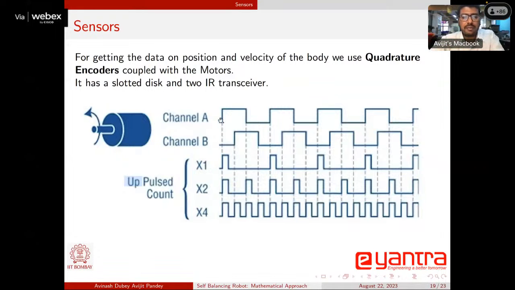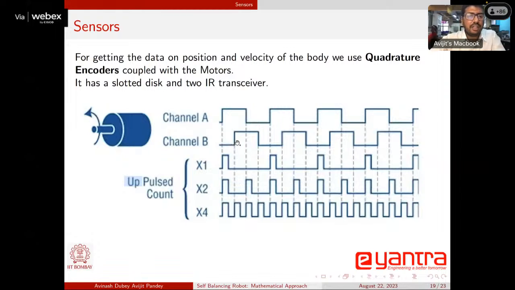Let us say we are just looking at channel A. Suppose the slotted disk inside the encoder has 100 slots. What will that mean? Every time the wheel takes a complete turn, channel A will generate 100 pulses, right?